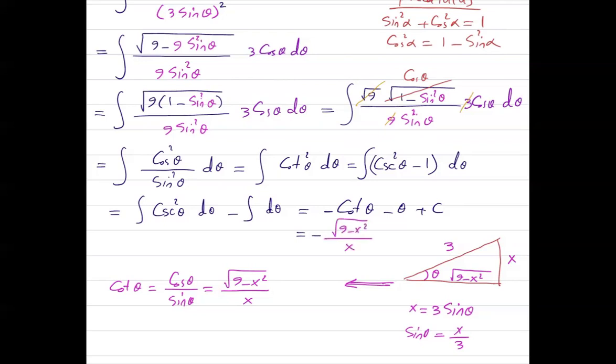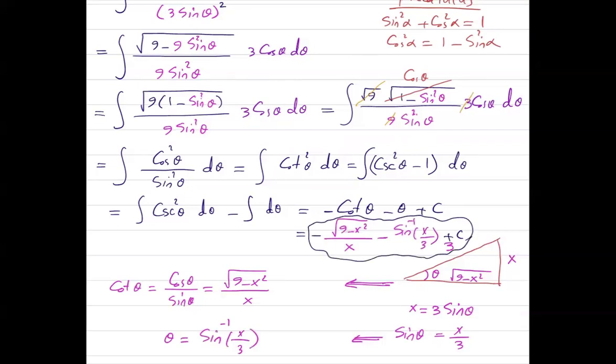What about theta? I know sine theta is equal to x divided by 3. If I take the inverse of both sides, then I'm done. So theta is nothing but sine inverse of x divided by 3. So you get minus inverse sine of x divided by 3 plus constant of integration. So this is your final answer.